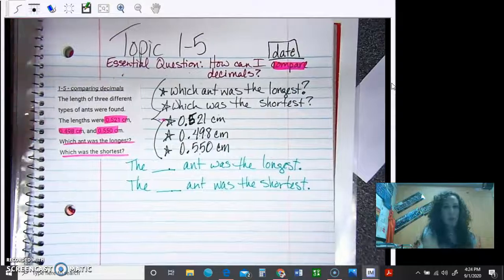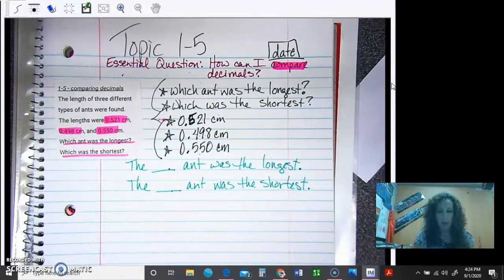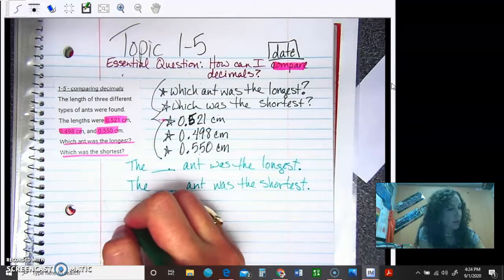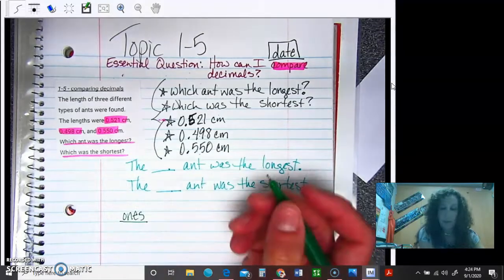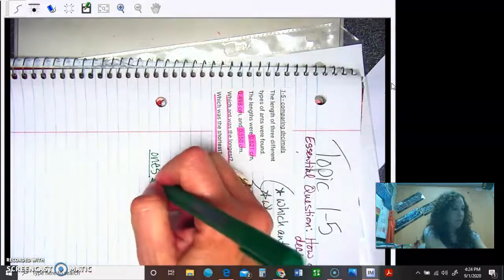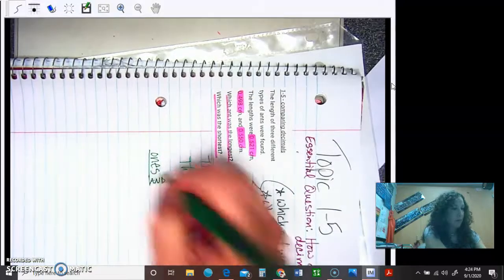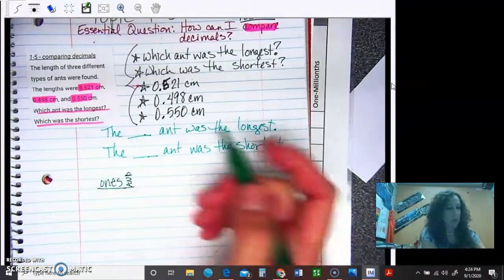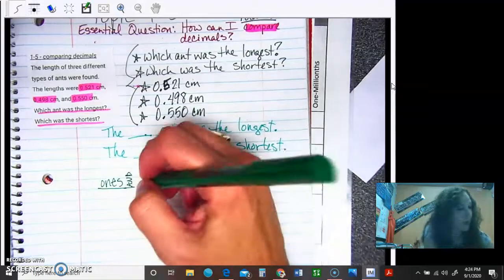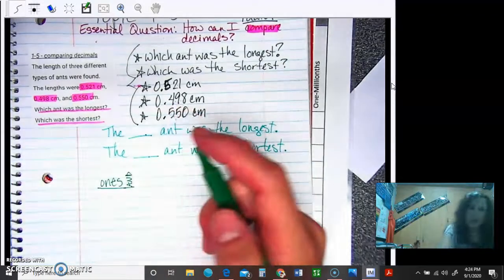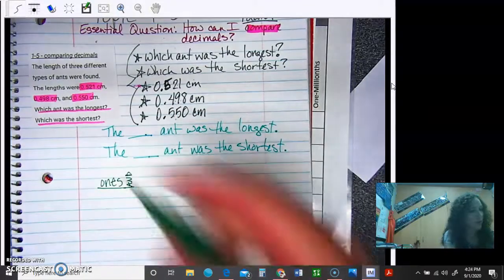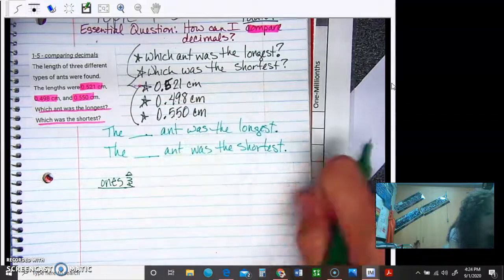But I'm going to, in my notes, create the same thing. We're going to start with the ones column. Then we're going to have the decimal part.